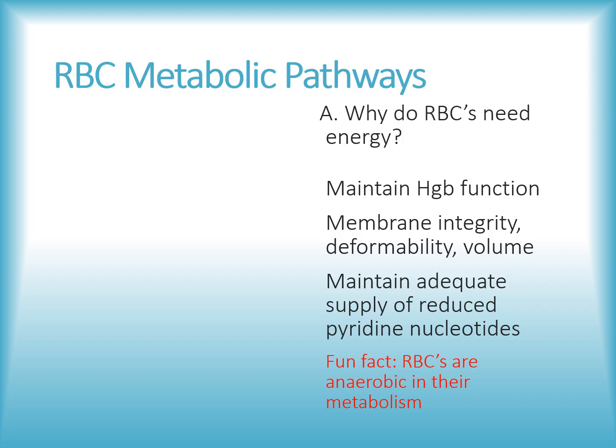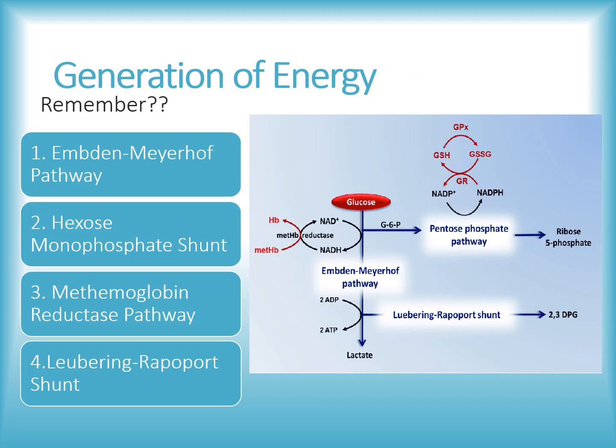Fun fact, red blood cells are anaerobic in their metabolism because they are anucleated and they do not have the mitochondrial activities that they once had when they were baby red blood cells residing in the bone marrow. So ATP is generated through a number of different pathways, and of course anaerobically.